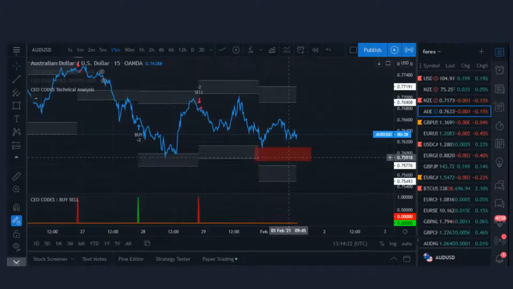The market is a bit quiet today. There is no big move, so we can see what's happening.